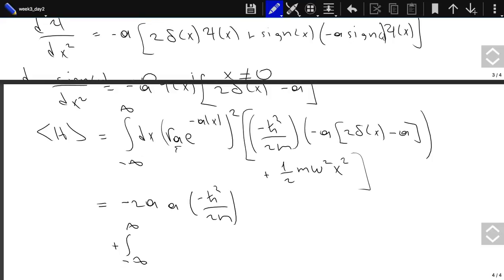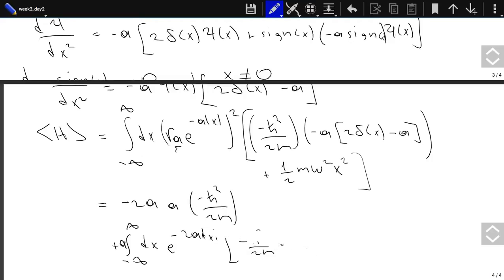Plus, from minus infinity to infinity, let's take the a out, dx e to the power minus 2a absolute value of x times, well, minus h bar squared over 2m a squared plus 1. Well, let's also take that part.